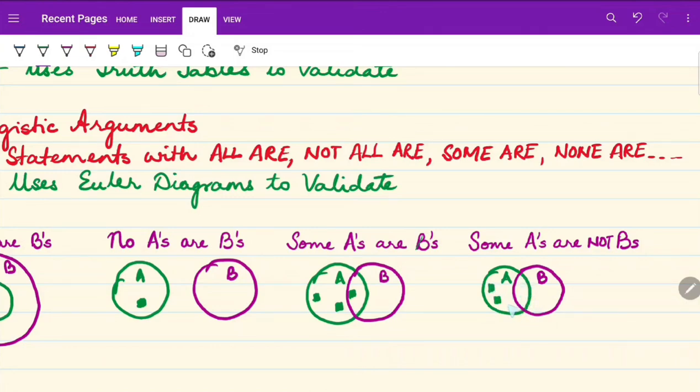So the elements that we are referring to when we say some A's are not B's are the ones that are outside the intersection between A and B. They only belong to set A but not to set B. All right?